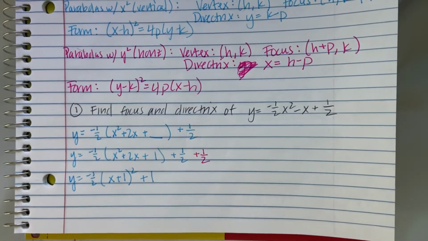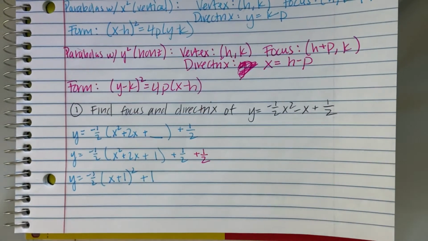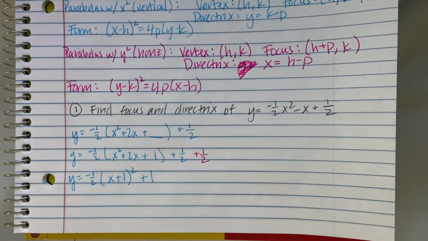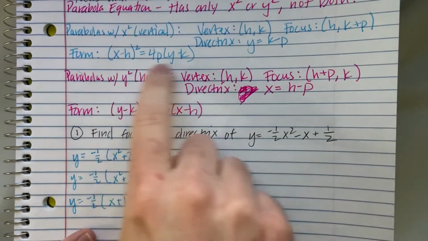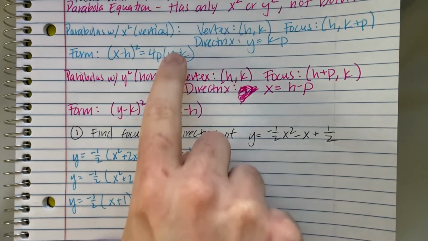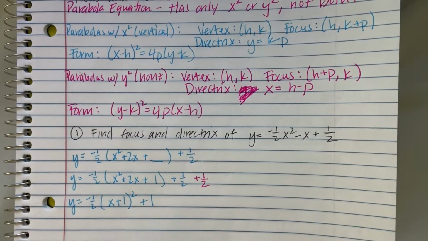This would be the normal form we used in the past to help us graph a parabola. We know it would open downward, and we know what the vertex would be because they're h and k. We can go a little further though. If we notice from this form, it wants this thing squared by itself. So I need to get everything except the thing that's squared to the other side. I need to subtract 1.